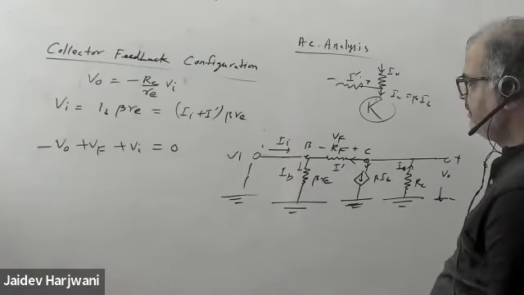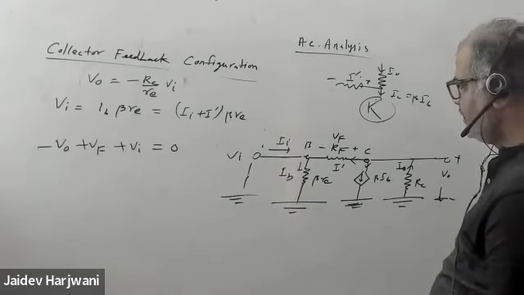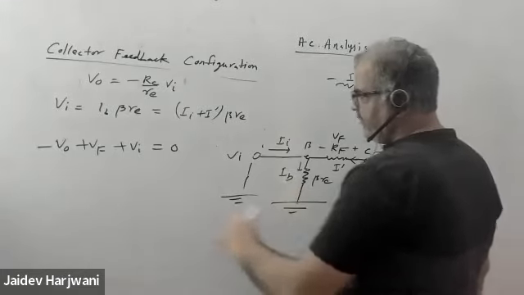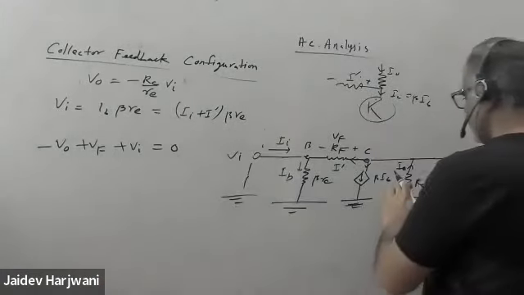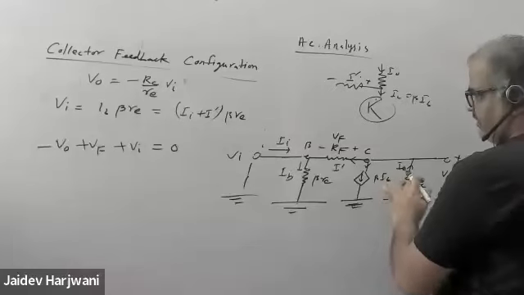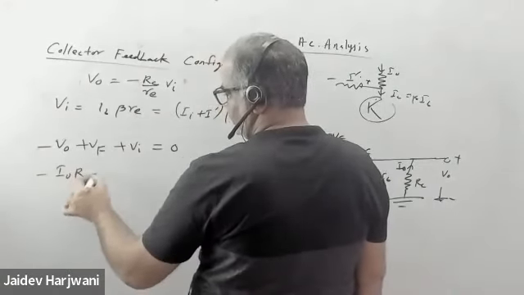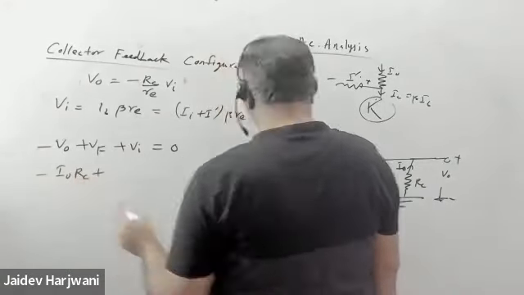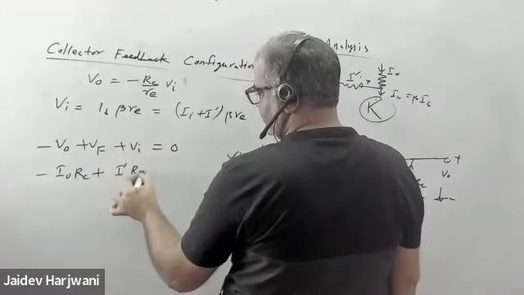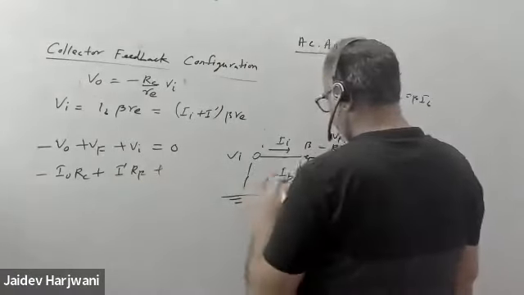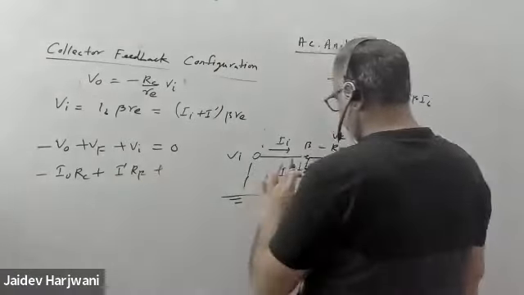Now I know what my V input is: V input in terms of IB beta RE. V naught, I just write as minus I naught RC. VF is your I dash RF. And V input is simply IB beta RE.